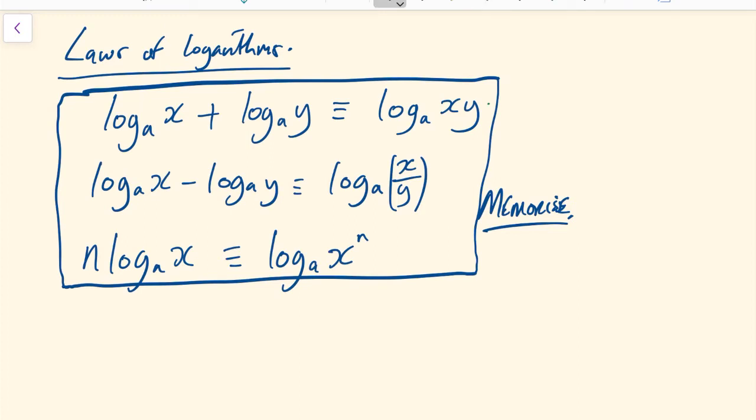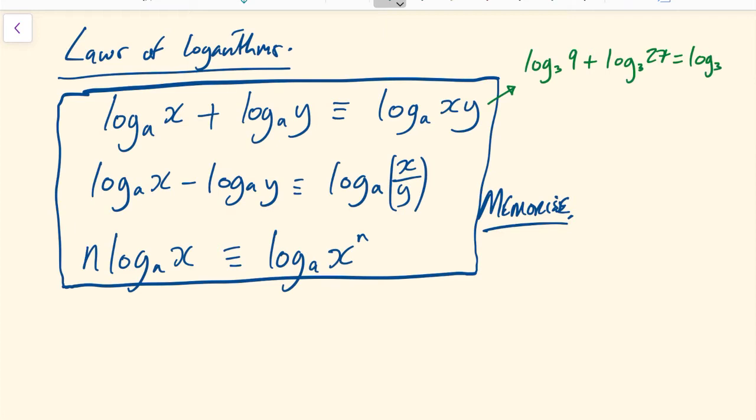Just to show you where this comes from very briefly, let's take an example: log to the base 3 of 9 plus log to the base 3 of 27 equals, based on this rule, log to the base 3 of 9 times 27.